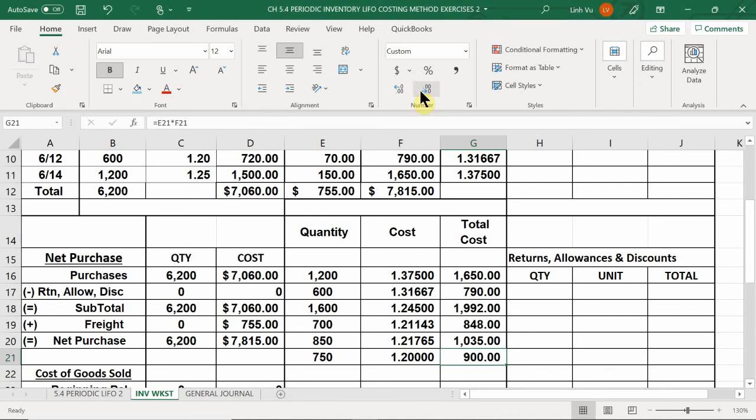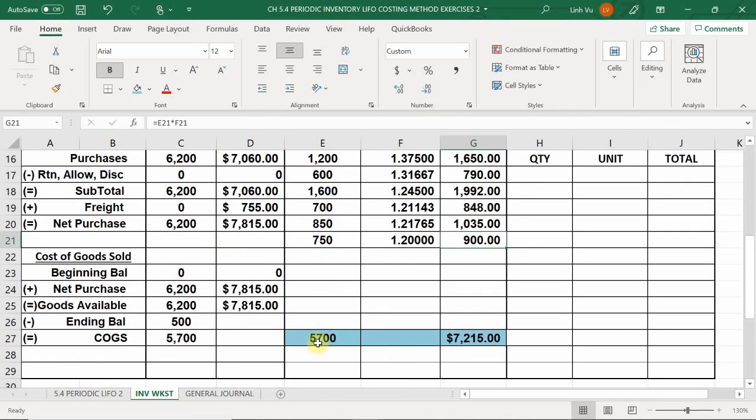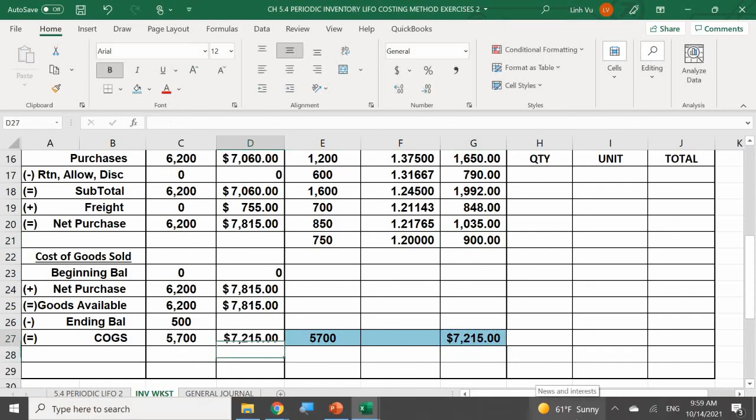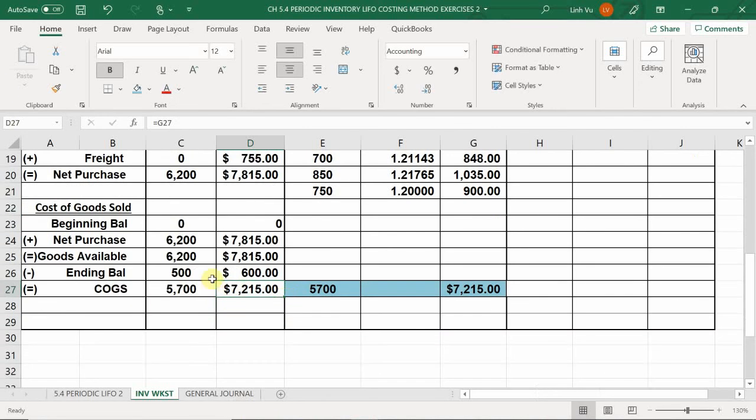Okay? So now I have my grand total of selling 5,700 units, giving me a grand total of $7,215. Which then, what is my ending inventory going to be? $600. Okay?